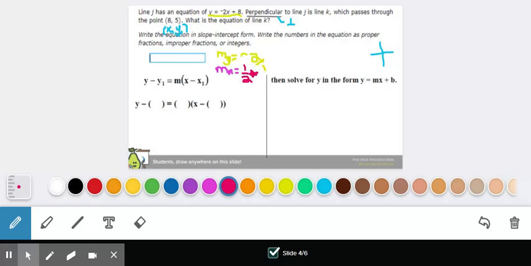And I know that I have an x1 of 8 and a y1 of 5. So I can fill out my point slope form. So my y1 is 5. Let's pick a different color here. My y1 is 5. My slope, remember my new slope, because it is changed, it's not the same because these aren't parallel, they're perpendicular. So my new slope is going to be 1/2. And then my x1 value is 8.